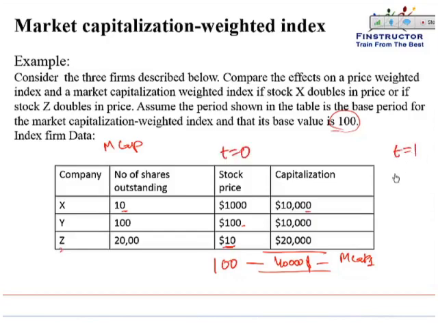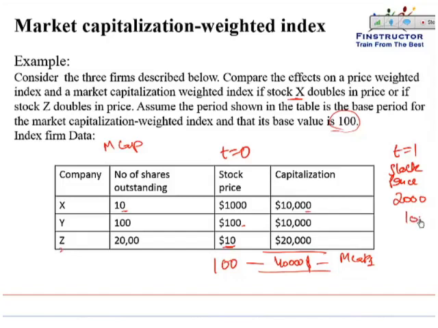The stock price at t equal to 1, that is at the end of the period, is if stock X has doubled in price or if stock Z doubles in price. Let's first do if stock X doubles in price, then the price will become $2,000.